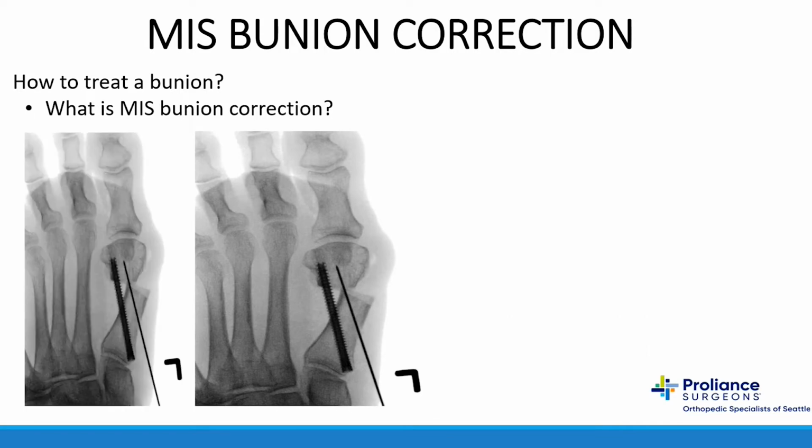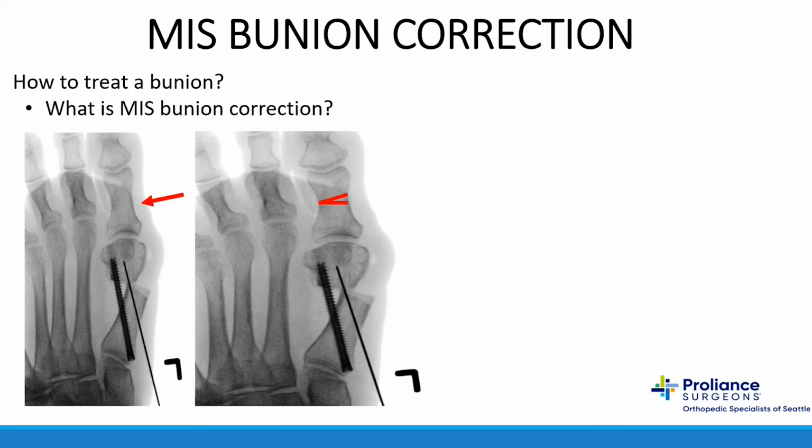And then the final aspect of the MIS bunion procedure is something that we call an Akin osteotomy. And this next photo, that's what we call the proximal phalanx. A phalanx is basically a digit, and that bone there is going to be the site of where this next part of the surgery is.